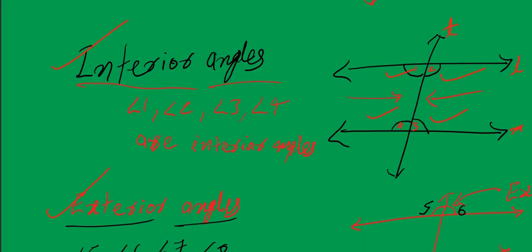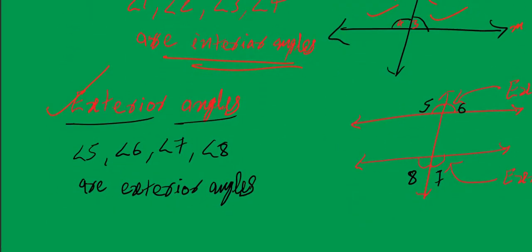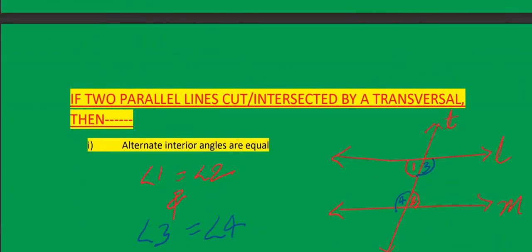That's why it is called interior angles. And in the second diagram, angle 5, angle 6, angle 7 and angle 8 lie outside the parallel lines. That's why they are called exterior angles.